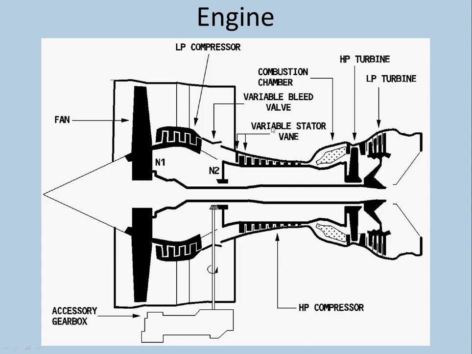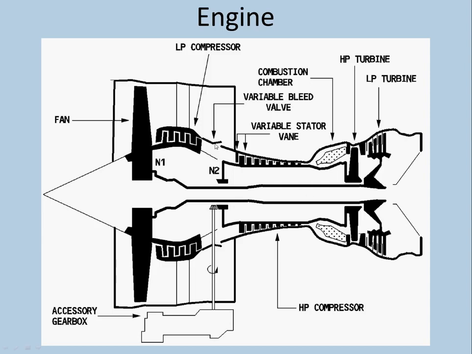We'll talk about the variable bleed valve and the variable stator vanes. The variable bleed valve is upstream of the HP compressor, as you can see here, and its setting depends on the compressor inlet temperature and on the N2. This is important if the engine requires more bleed.